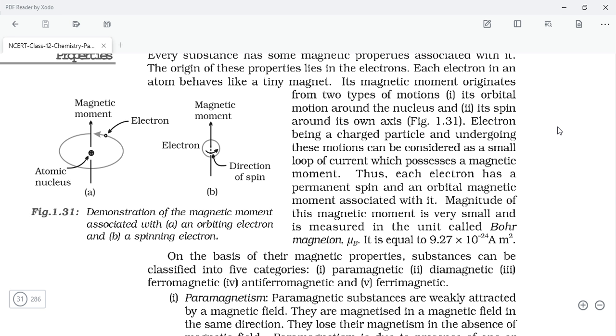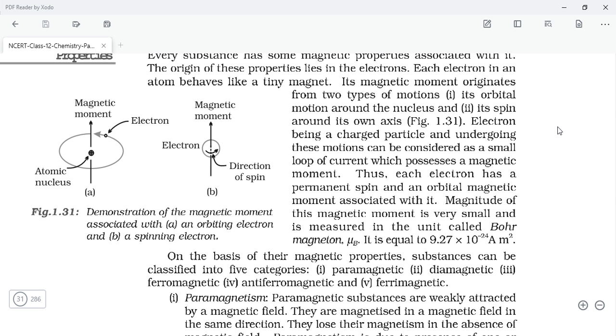Electron, being a charged particle and undergoing these motions, can be considered as a small loop of current which possesses a magnetic moment. Thus, each electron has a permanent spin and an orbital magnetic moment associated with it.